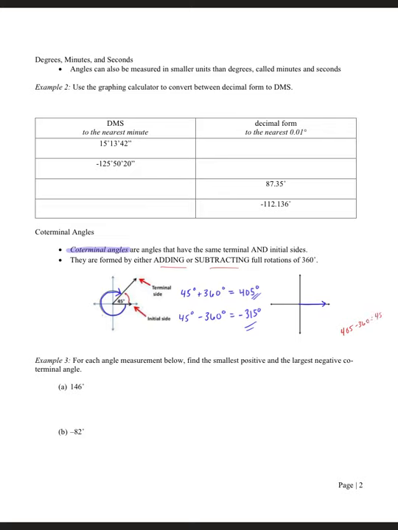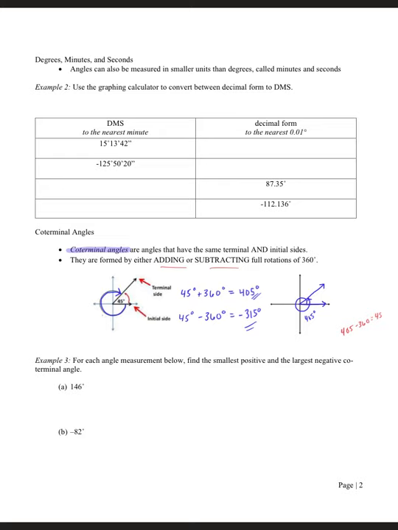That means that that angle will have its terminal side at 45 degrees. So now to draw this directional arrow, we know that it has to make one full rotation, which would be 360, plus another 45, would give us that 405 degree angle.